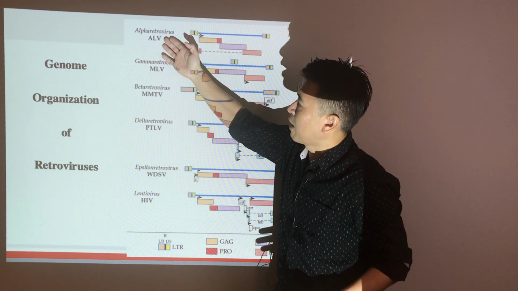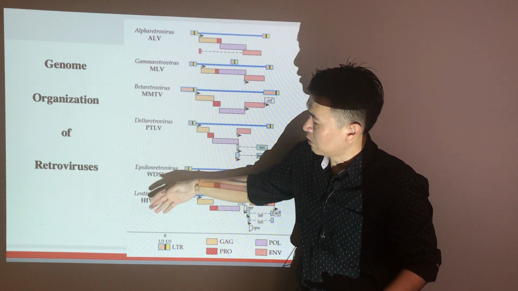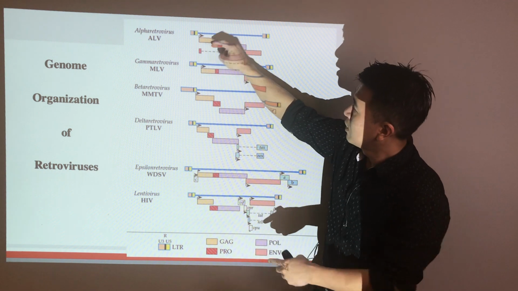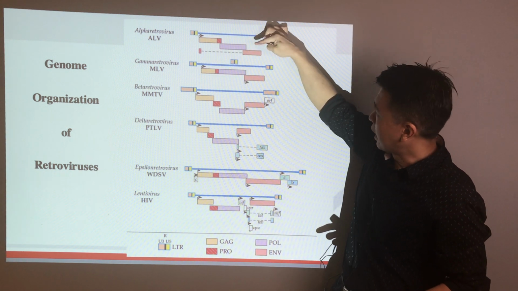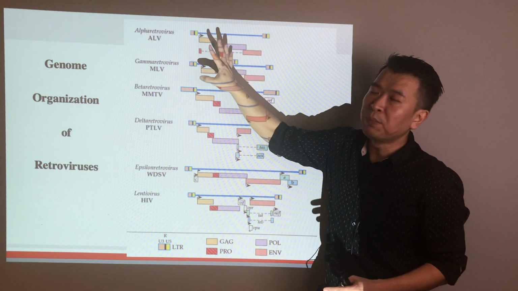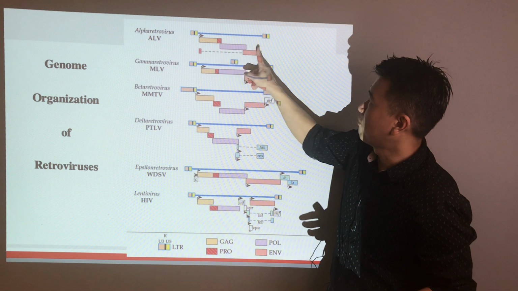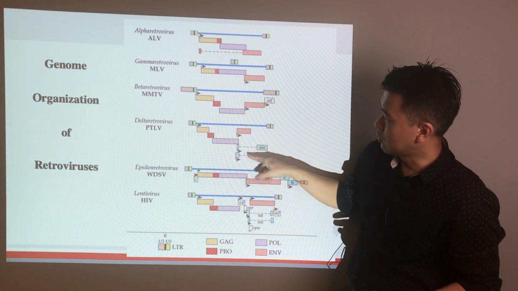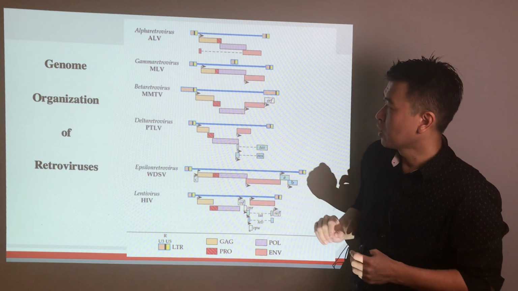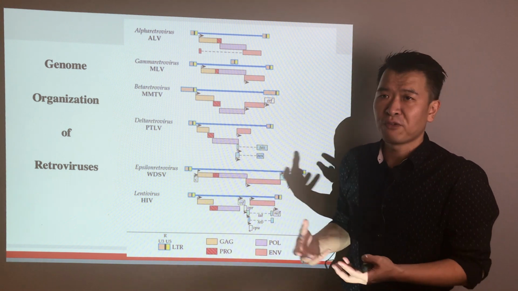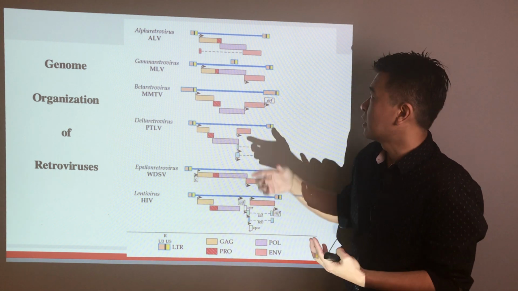And these four groups of genes are present in all the retroviruses. You see, you have alpha, beta, gamma, delta, epsilon, lenti. And what we can see from here, you have GAG, pro, pol, and env. So this is the simplest version of the retrovirus, the alpha retrovirus. Of course, as the virus becomes more complex, they come out with some accessory genes along the way.